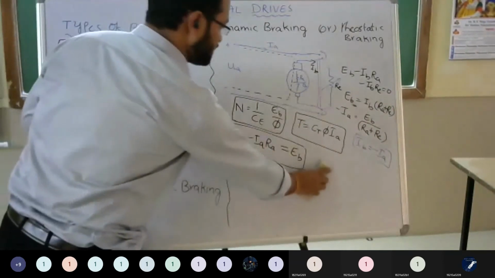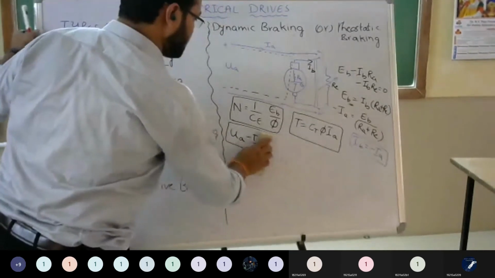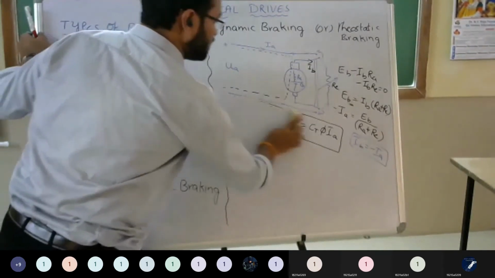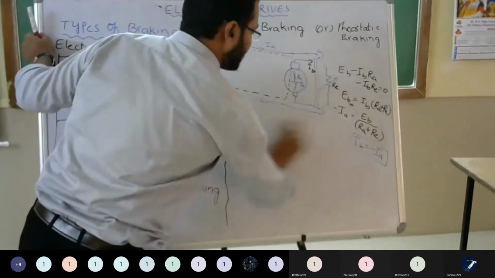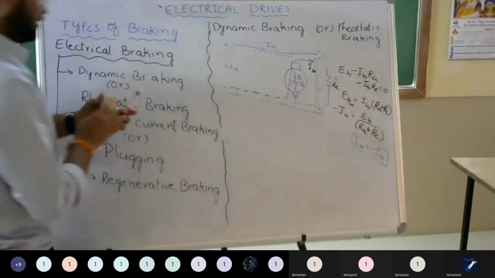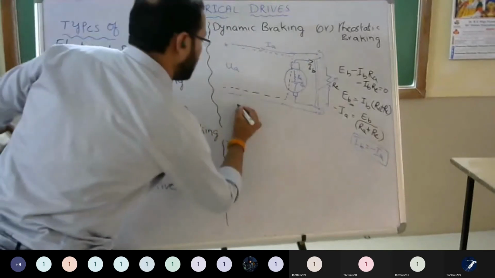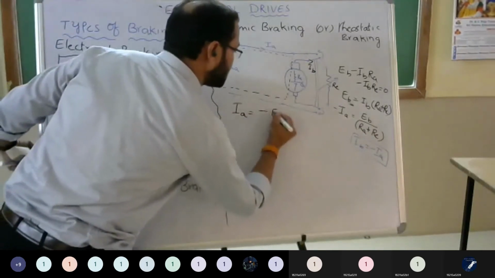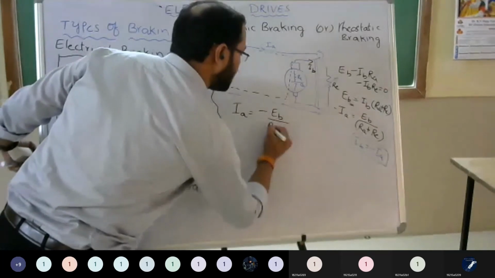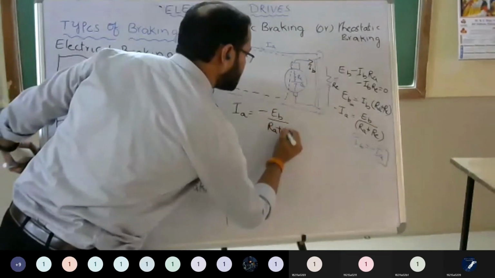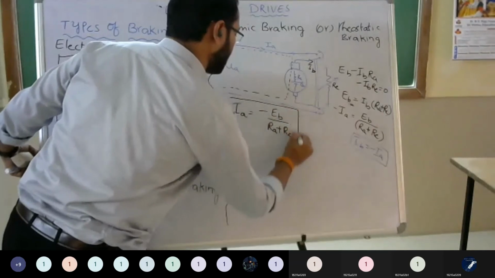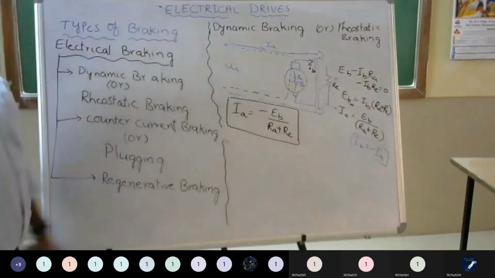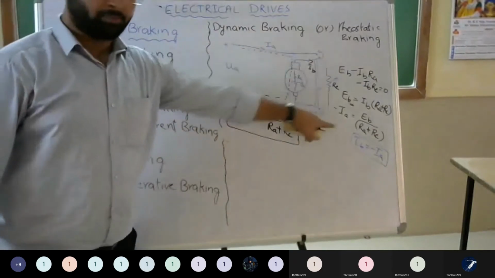These are the normal DC motor equations, and from that, in the braking method, we get the braking IA equal to minus EB by RA plus RE. Okay, this is the braking current.